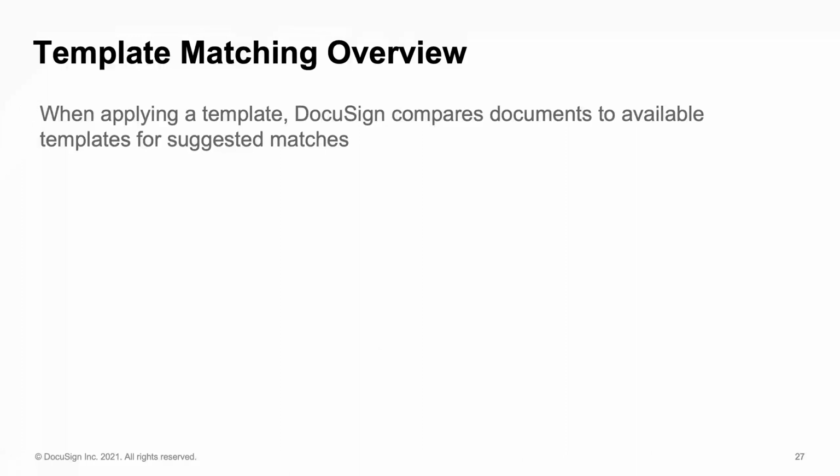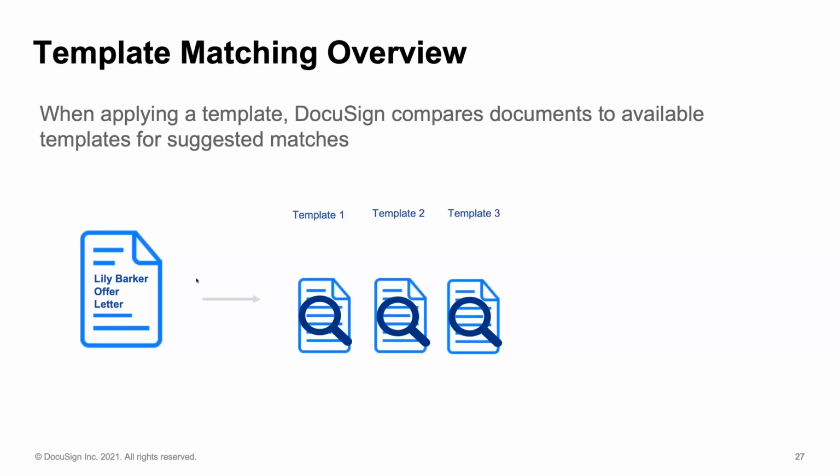So how does template matching work? First, you'll upload a document into an envelope. For example, let's say that we're sending an offer letter to Lily Barker. We've customized that offer letter outside of DocuSign to include Lily's name, her start date, her salary, etc. We'll upload that into DocuSign, and then DocuSign will do a scan to see if there are any templates that match that document.